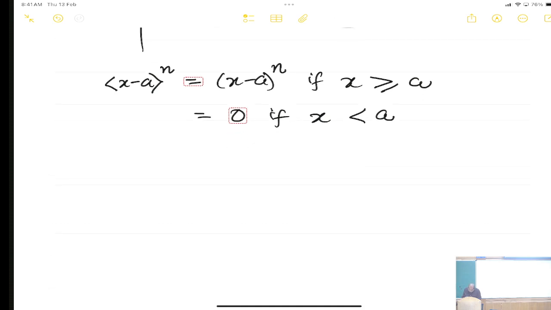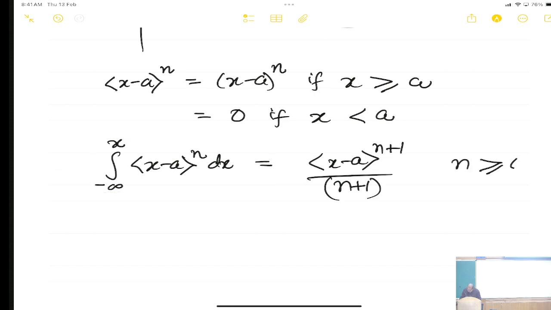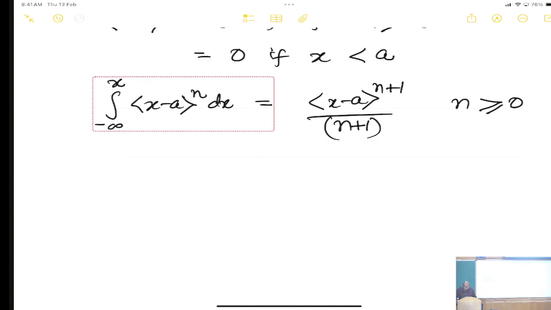And from here what you realize is, if I take an integral from minus infinity to x, since it behaves like a normal function, I can integrate it and I can also differentiate this. So, this is what I get.